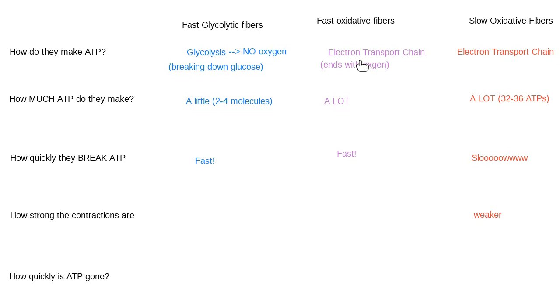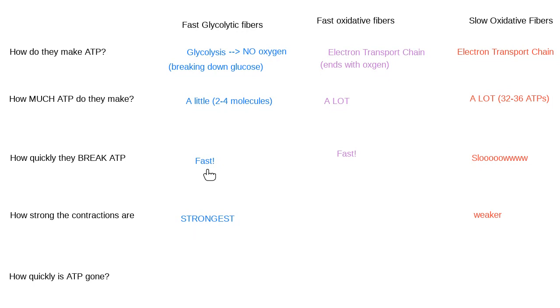Once we get it started, we can make a lot of ATP with it, but it's not automatically going to start. So glycolysis happens more quickly, meaning I have ATP available more quickly. That means that I'm going to have the strongest contractions from fast glycolytic fibers.